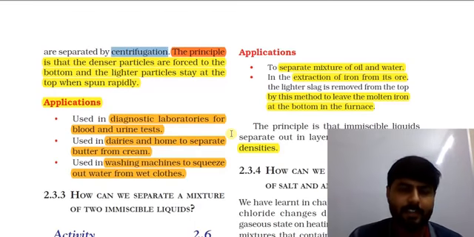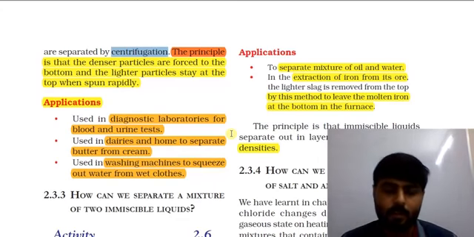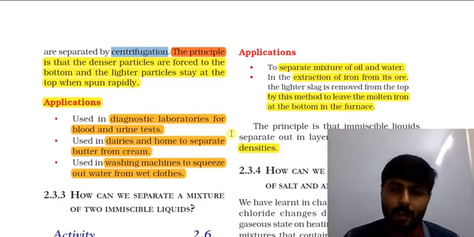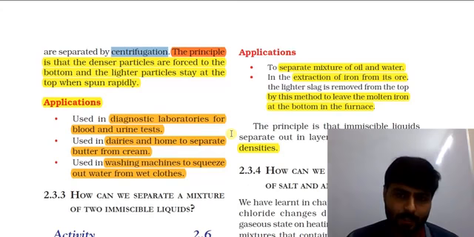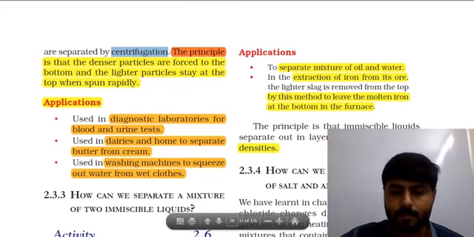In laboratories, this centrifugation technique is used to separate components of blood and urine. So the first and very important use is in diagnostic laboratories for blood and urine tests.